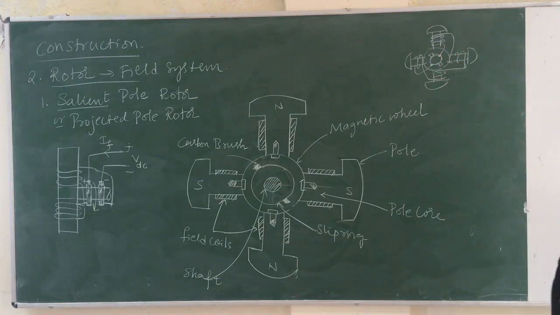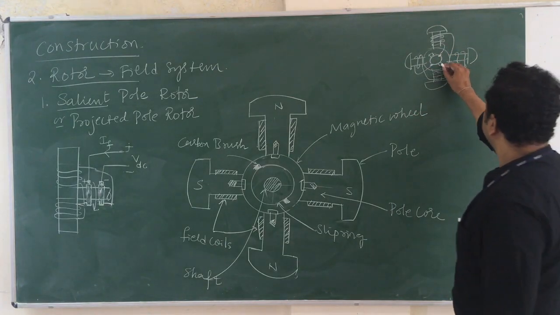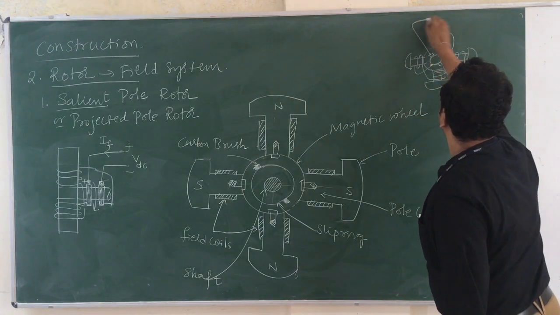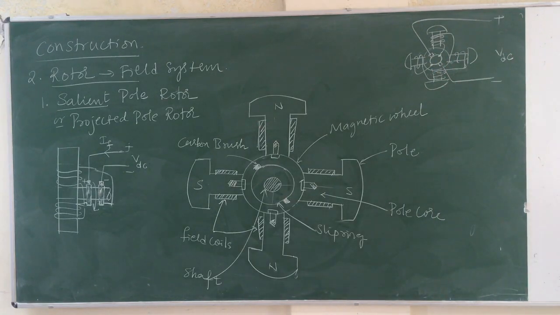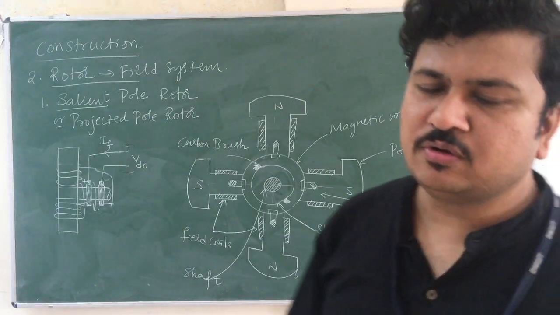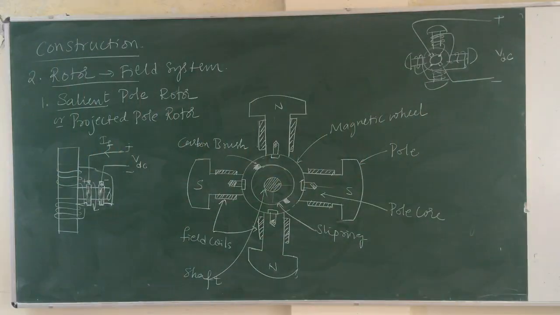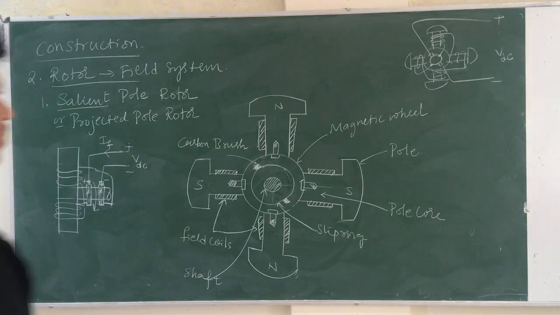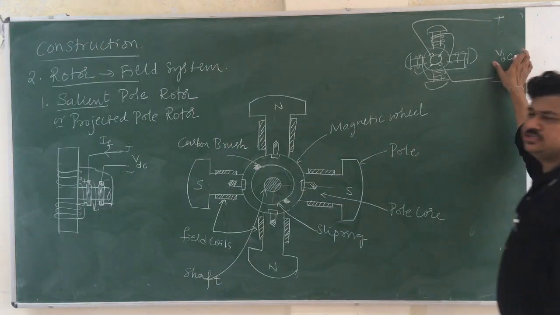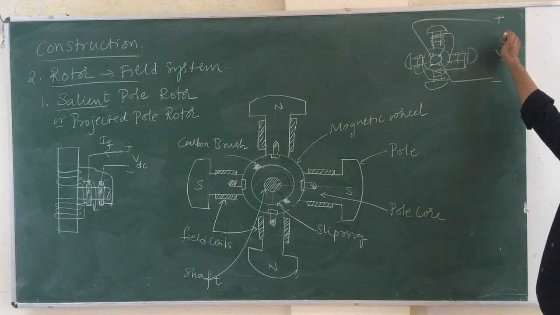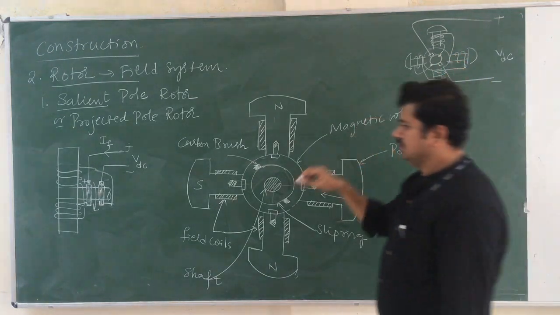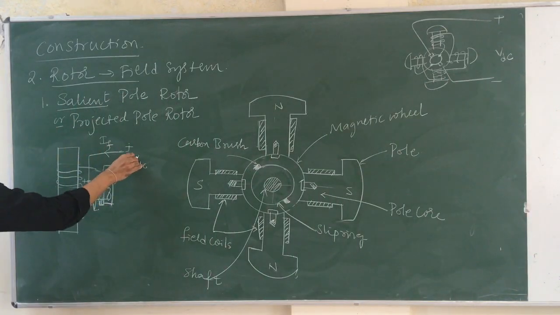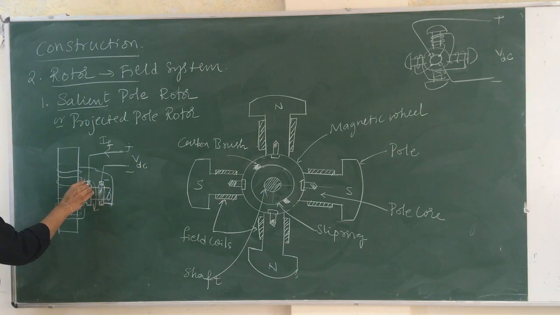These are connected to the two ends of the slip rings, and to these brushes I am connecting VDC. So this is how the field coils are connected. I will send you the exact figures. So when I connect the external DC source to the field winding through the brushes and the slip rings, I am connecting VDC through these brushes.